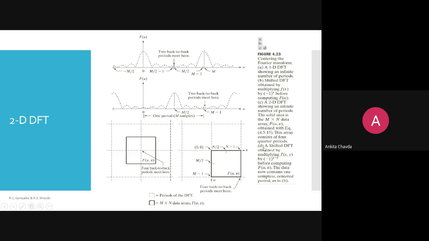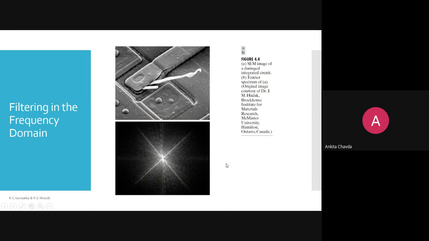Figure D shows a shifted DFT obtained by multiplying f of x,y by (-1) raised to x plus y before computing f of u,v. So this data now contains one complete centered period as in B, centered at M by 2, N by 2. It starts its origin at 0,0, and the center is this.